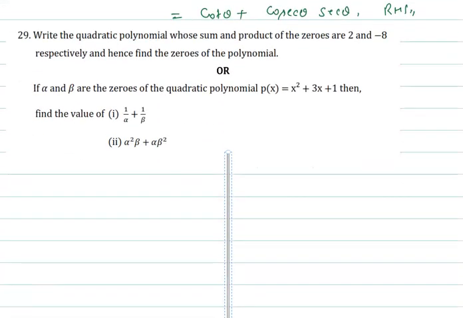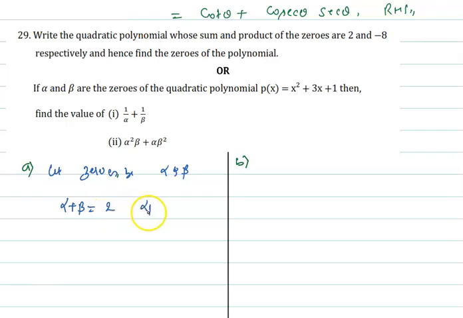LHS, I am going to take the first question on the left side and the second question on the right. Write a quadratic polynomial with given sum and product. Let the zeros be alpha and beta. Sum is 2, product is minus 8.